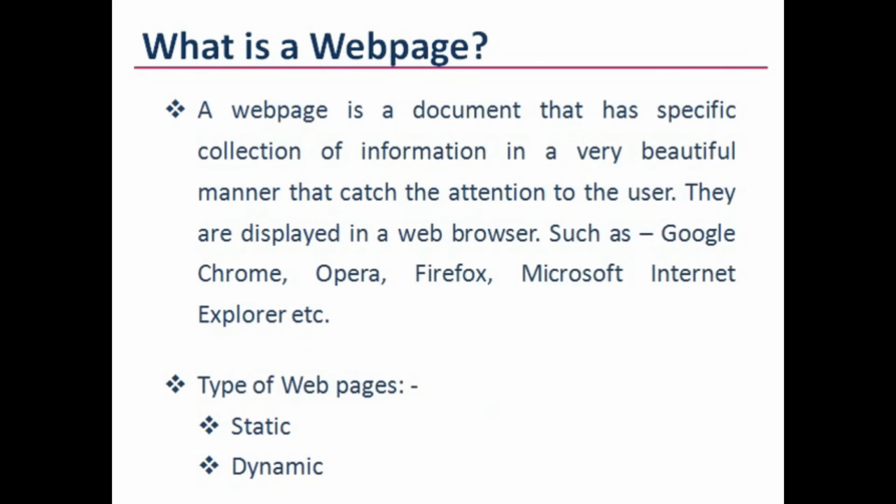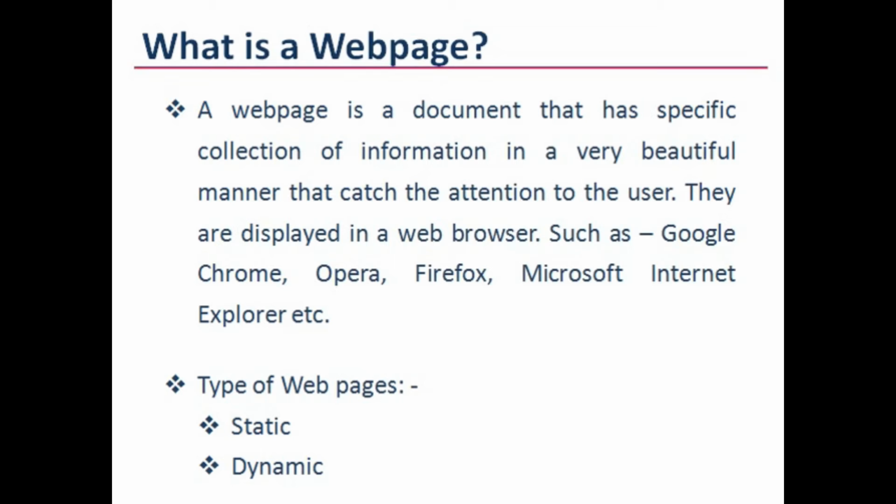Now we understand what a web page is. A web page is just like a Word document that contains text, images, tables, lists, etc. to present the information in a very beautiful manner that catches the attention of the user.